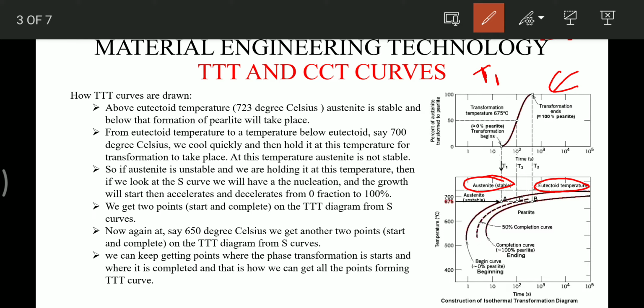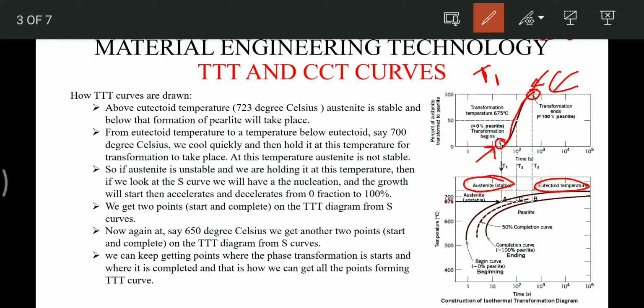It will lead to pearlite structure formation. Suppose it starts at T1 and it ends at T2. So what we have is one point for start and another point for stop.